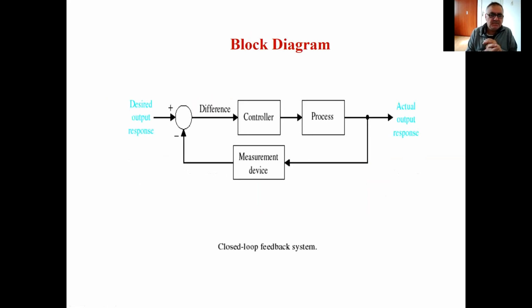Feedback devices are usually represented in the following block diagram form. There is the output response and there is the desired response. We want these to be equal to each other, more or less.